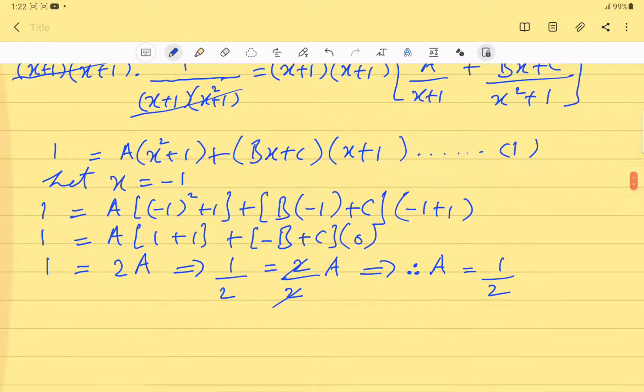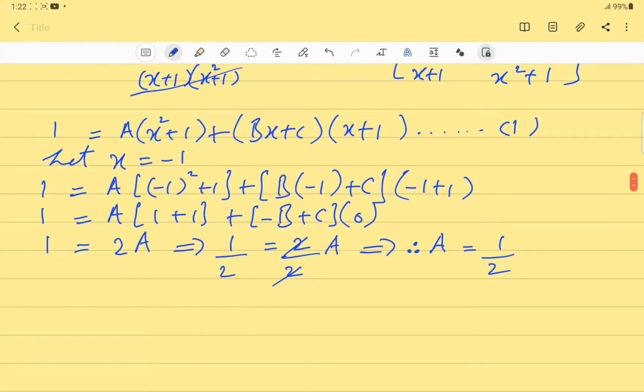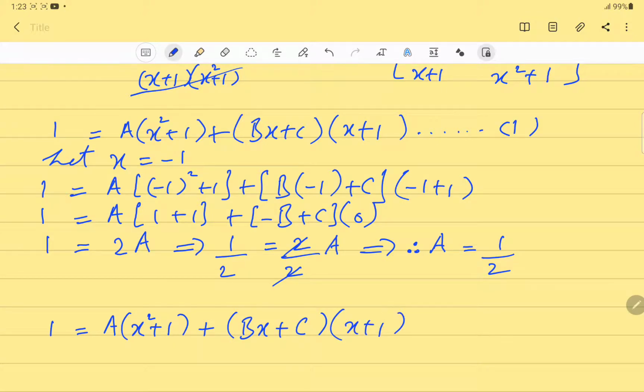Now we don't have any other value that we can assume and find the value of the remaining constants. So what we will do, we will solve the equation and compare the coefficients of x square, x and the term without x on both sides in order to form equations. Let us write our equation one more time. 1 is equal to A into x squared plus 1 plus bx plus c into x plus 1.